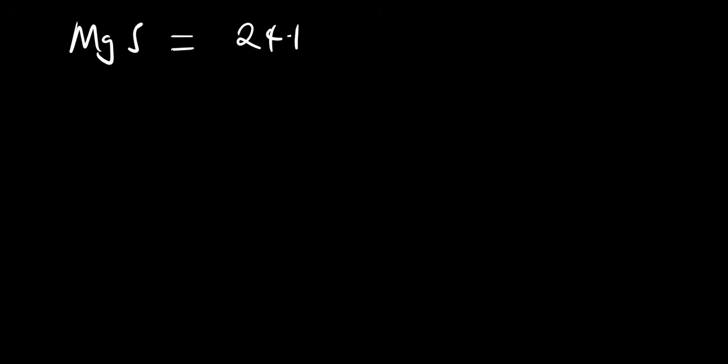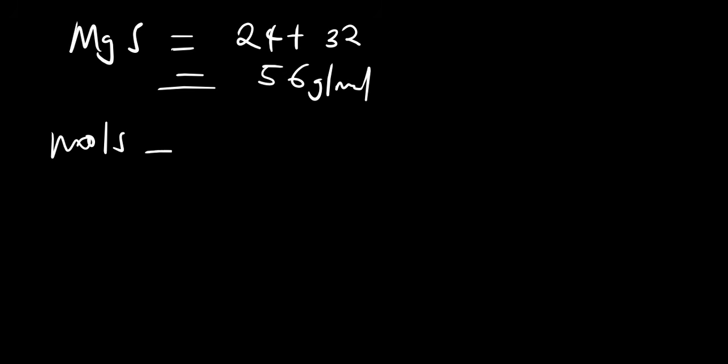So the molar mass is going to be 56 grams per mole. Then the number of moles for magnesium sulfide is mass over molar mass. But we've already said the ratio is just 1 to 1, so it's going to be the same as magnesium, which is 0.5 moles.